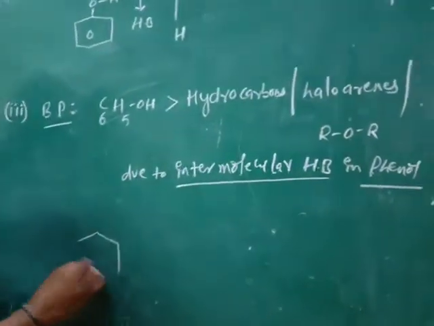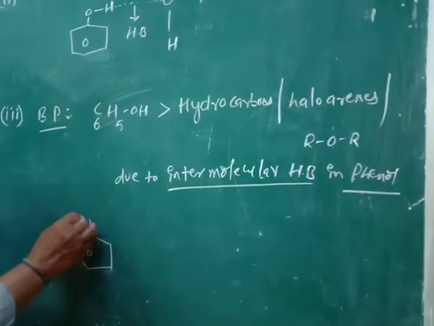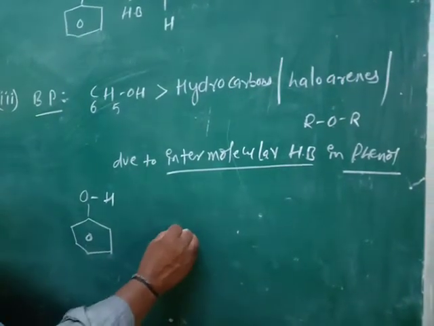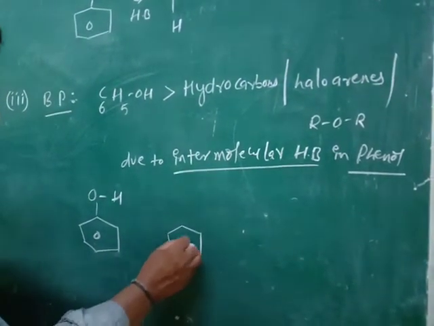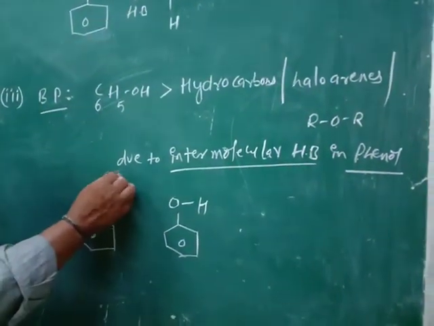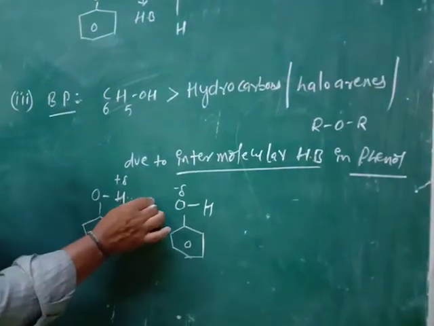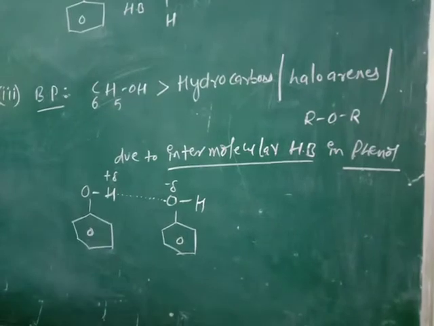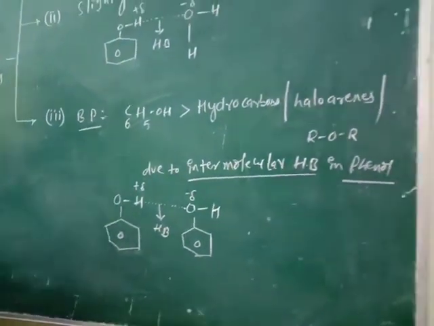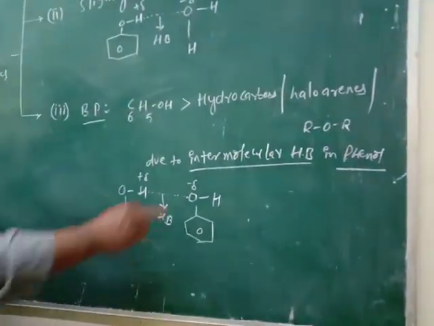A simple representation of the intermolecular hydrogen bonding of phenols is: one mole of phenol and a second mole of phenol, each OH. The partially positive hydrogen and partially negative oxygen are bonded with hydrogen bonding. This type of hydrogen bonding is known as intermolecular hydrogen bonding.